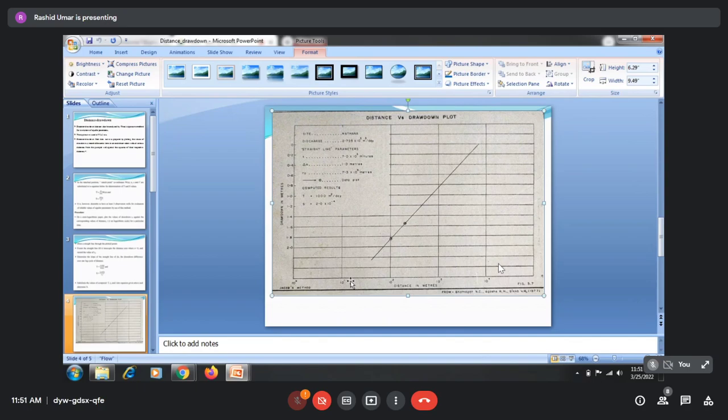But here, in place of time, we are taking the distance intercept at zero drawdown. So that is R0. We have to find out at what distance the drawdown will become zero. For that we have to extend this line, and where it cuts the zero drawdown axis, that will be considered as R0.